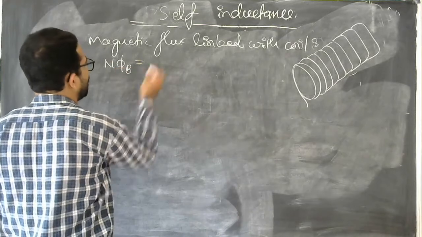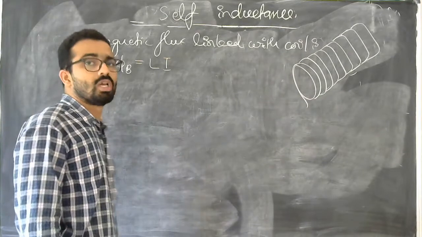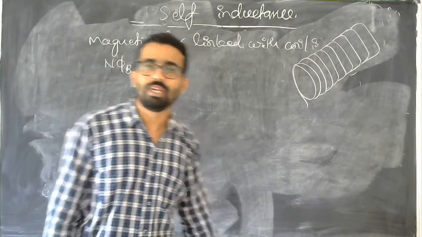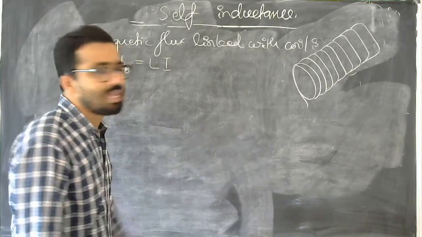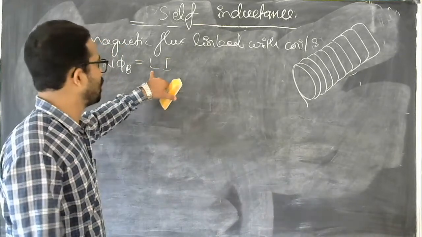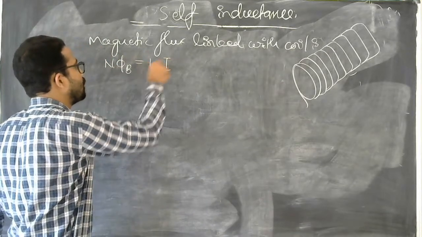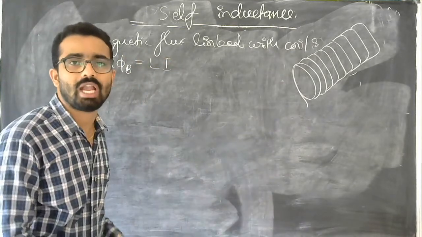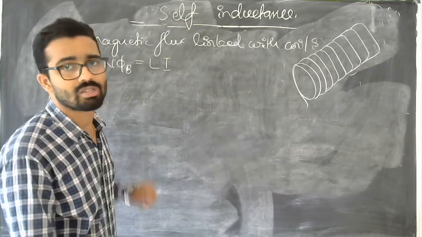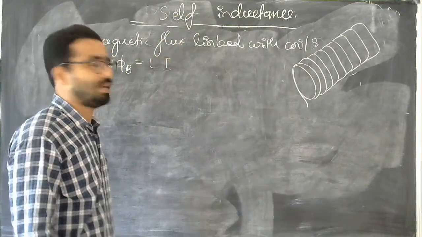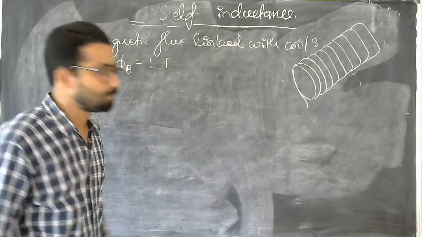N times phi B is equal to, here I am writing, L times I. In the case of mutual inductance, I wrote M, so here I am writing L. L is a constant of proportionality. If you remove the proportionality sign, you get L. L is called the proportionality constant, which is also called the self-inductance.